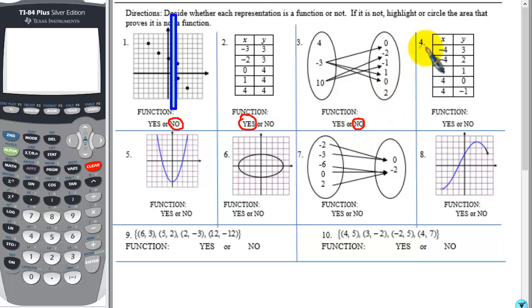Number 4, the x values are repeating, so it is not a function. Here, let's use the vertical line test, and as we move from left to right, I'm only touching one point at a time, so yes, it is a function.